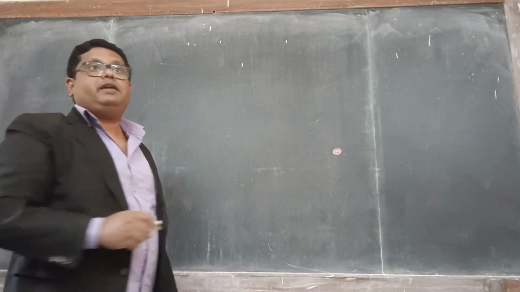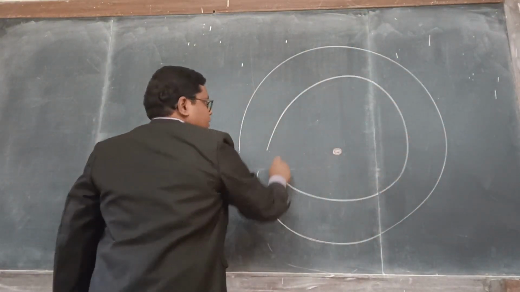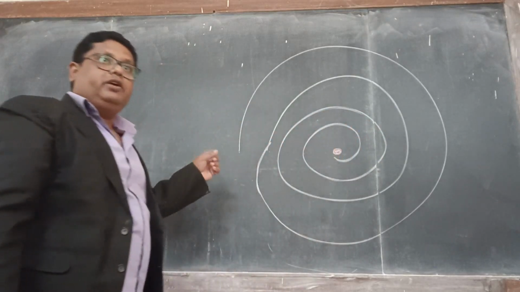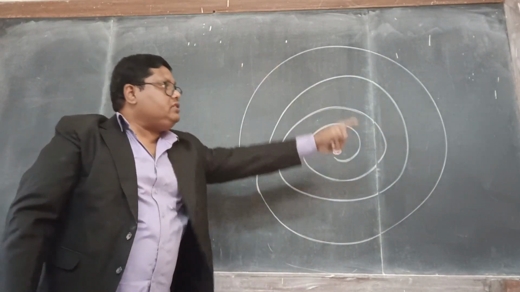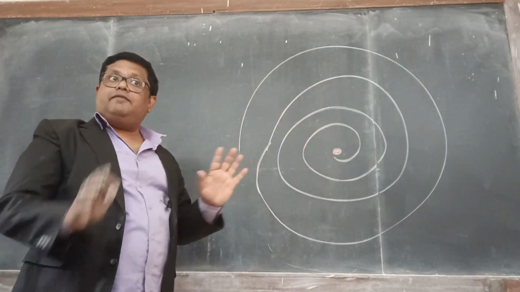What is the meaning of spiraling? Spiraling means something is going on as a result of which its radius is changing. I have not said that it is spiraling.